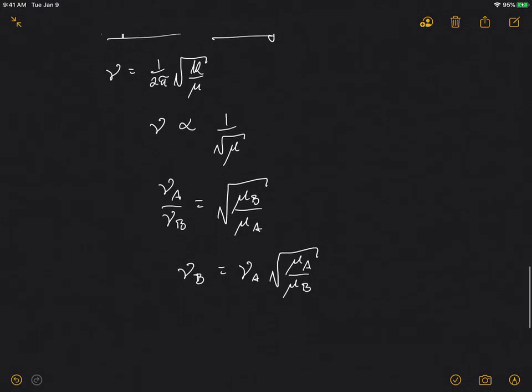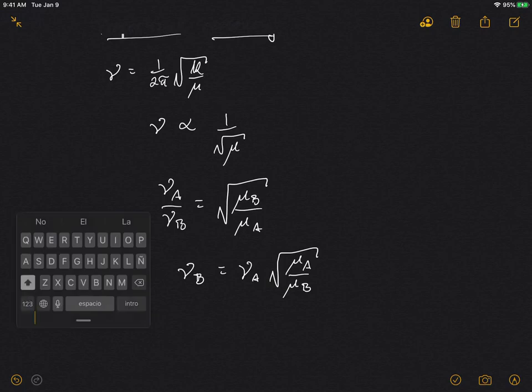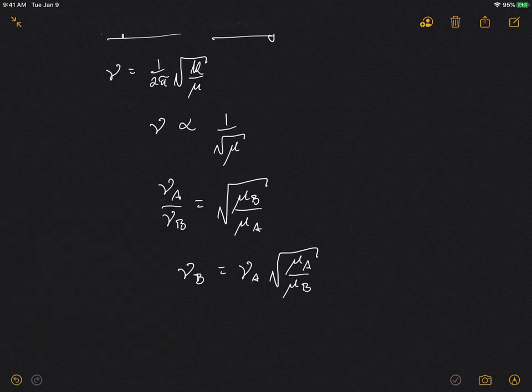The other thing is, let's look at this carefully. We expect that for heavier isotopes, the frequency is going to be less, right? If molecule B is heavier than molecule A, and molecule B is in the denominator here, that's going to give us a lower frequency, and that makes sense.